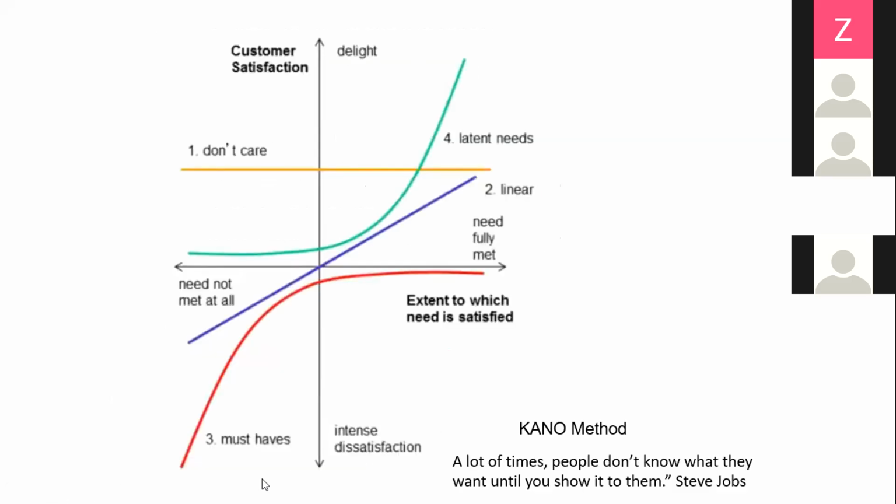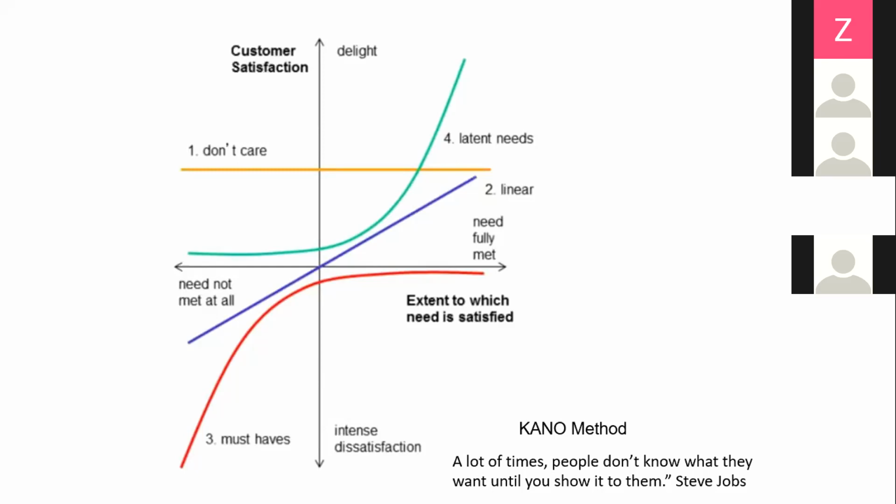Now, this is an important chart which I actually show in most of my presentations, because it is a very, very important part of design. And I think this is one of the best ways to show and talk about user needs.